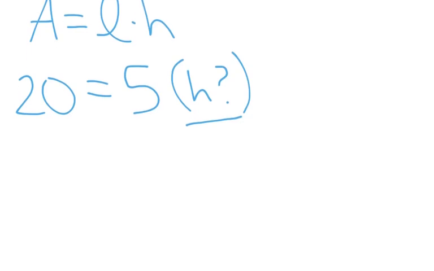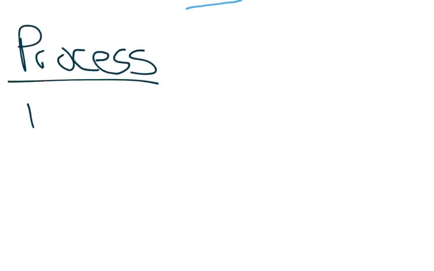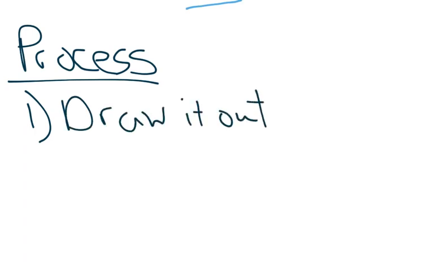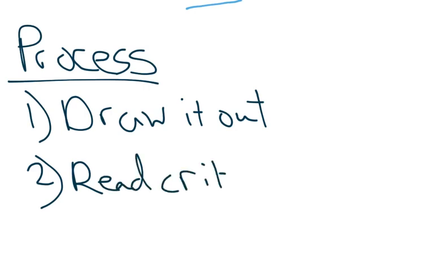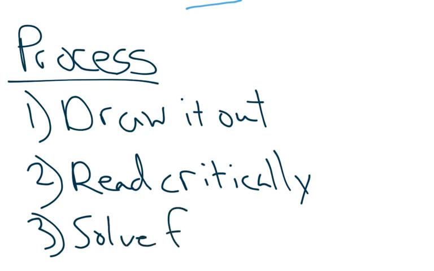And so what I want to stress here though is still the process that we need for all of this. And so a huge part of the process is draw it out. All right, try to get a visual image of what the shape looks like. And then you have to read critically. Make sure you know what it is you need to do. So then we'll solve for the unknown.